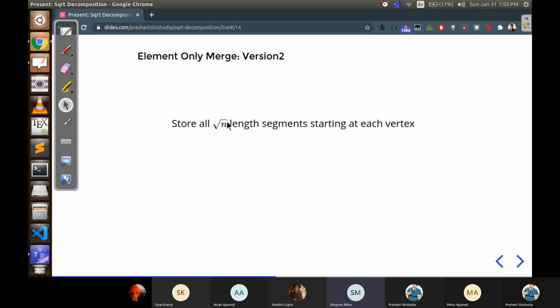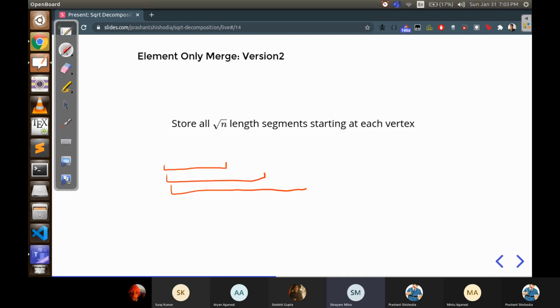In version 2, for computing for the ith element, I would go to the I plus root nth element, and all the ranges in them, we merge all the values in between them, right? But there are around root n such ranges at I plus root nth level, and there are root n elements between I and I plus root n.